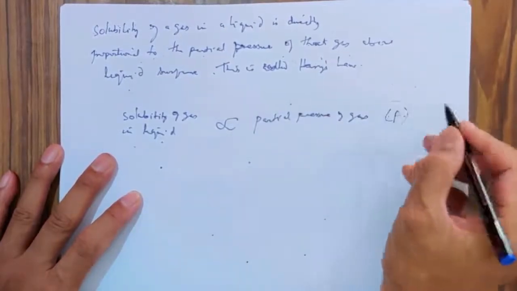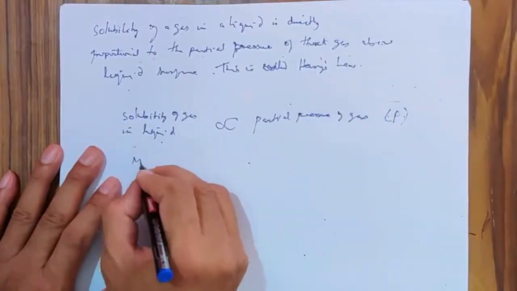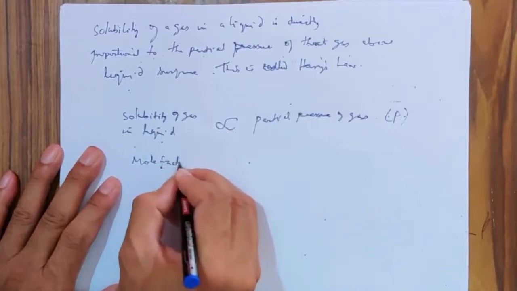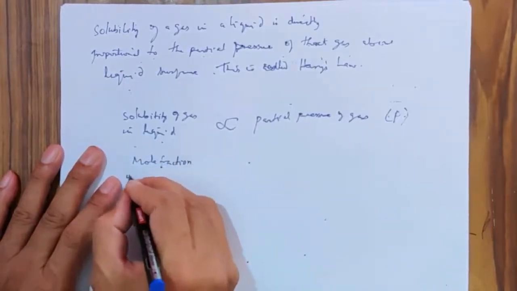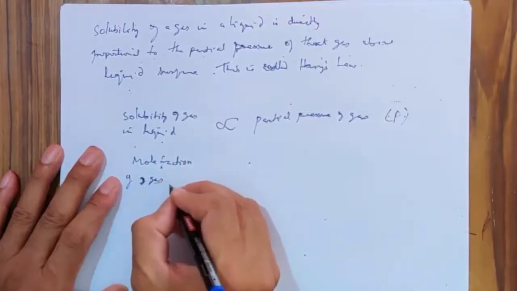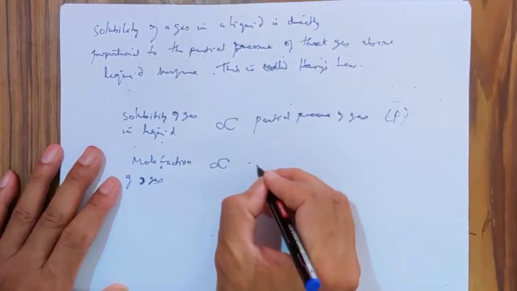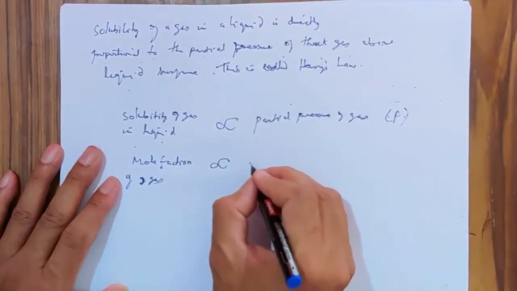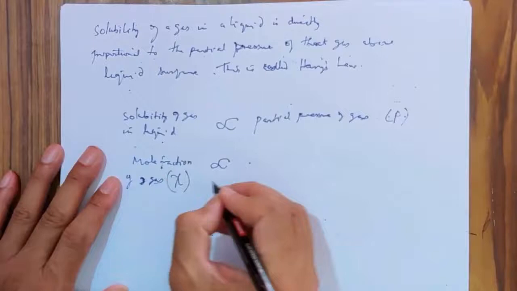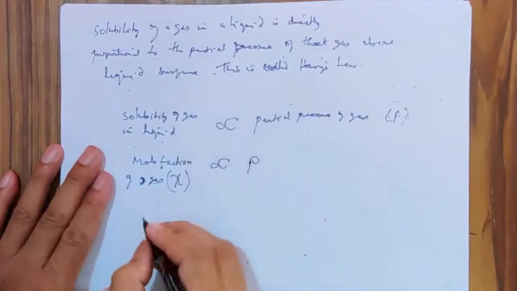This is P, okay. And solubility of a gas is its mole fraction. The mole fraction of that gas in a liquid is directly proportional to its partial pressure. Mole fraction is given by this chi, right? So finally what happened?